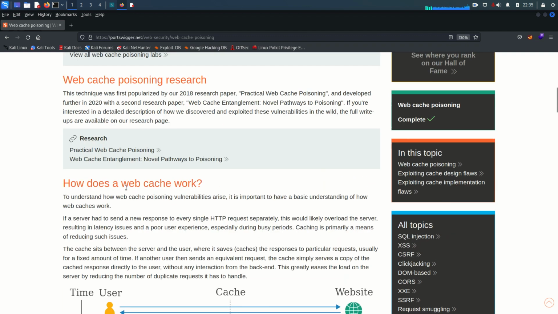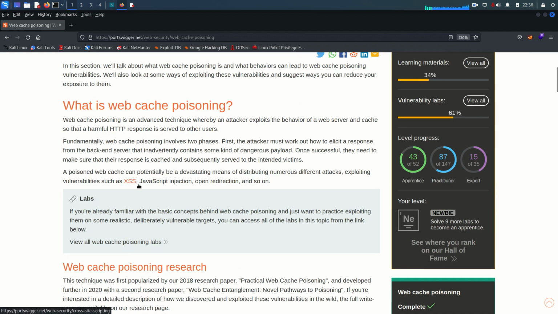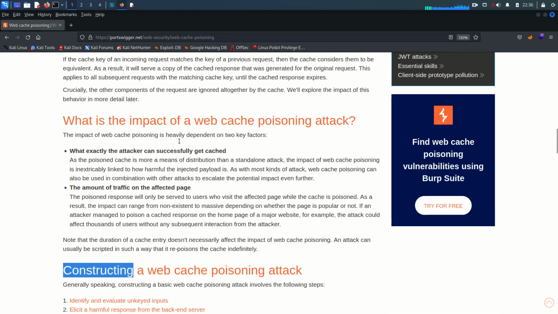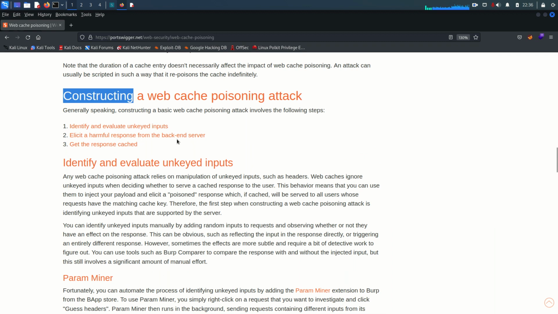Because you can see here that you can also exploit cross-site scripting via this vulnerability. So if you can exploit XSS, that means you can also steal cookies, steal the passwords of the users, and if you get the password, then maybe you get everything.